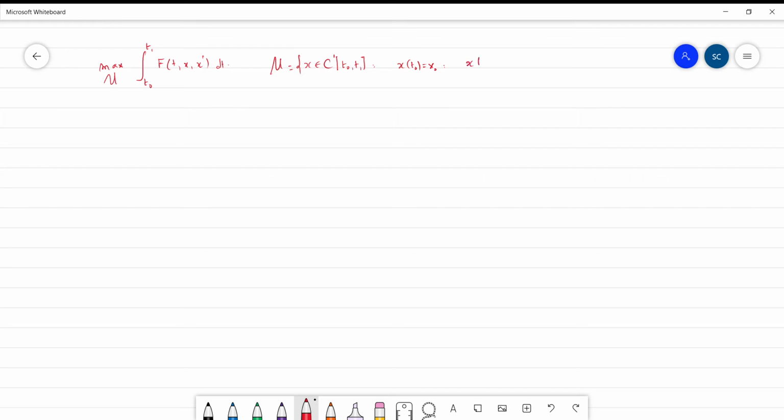We want x(t1) greater than or equal to x1, given x1. So this is the kind of category of problem we want to study.